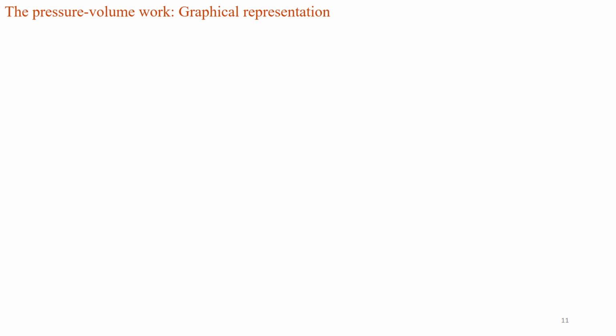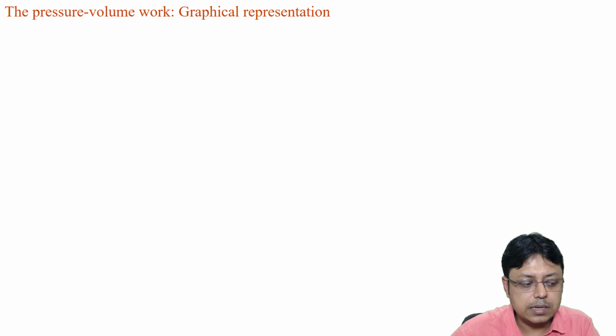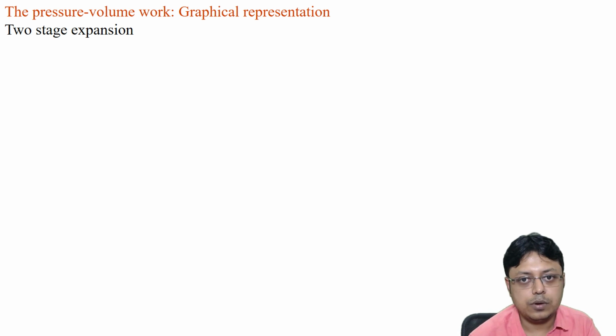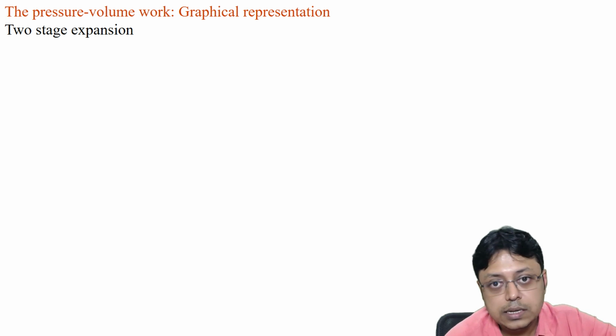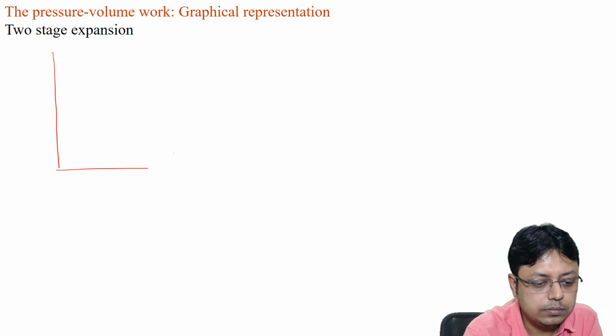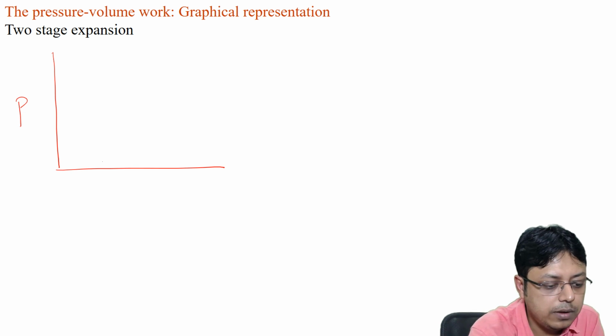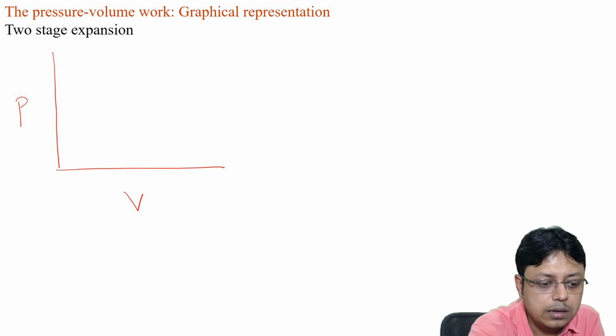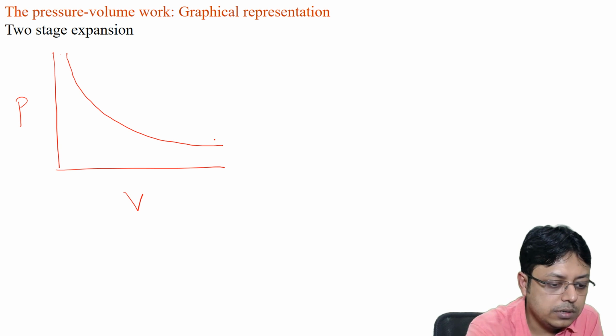Now let us move on and discuss how we'll represent the pressure-volume work for a two-stage expansion process. By two-stage, I mean here that we'll do the expansion in two steps which are in sequence to each other. Now as before, let us start. We have a pressure-volume curve, and we are considering the expansion work. This is the isotherm, and remember that this is an expansion work.